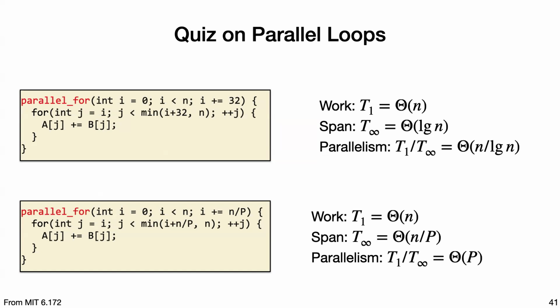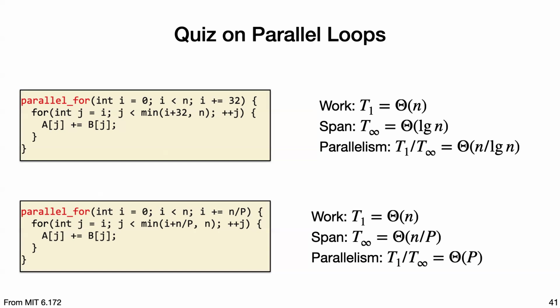However, one thing that you may think is a good idea is that you go up the outer one by p, where p is the number of processors you have. Or sorry, the outer one goes over p iterations, the inner one goes over n over p. The total volume is still n, but the span is now n over p, because the inner loop has length n over p.